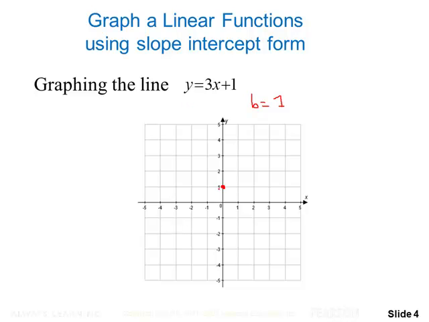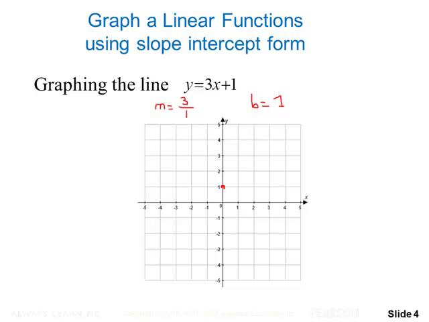Next, from the y-intercept, I'll plot the slope. Recall that the slope, which is the coefficient of our variable x, is 3. So I'll simply convert 3 to a fraction because we need a rise and a run. Also notice that the coefficient is positive, so our graph should rise from left to right.